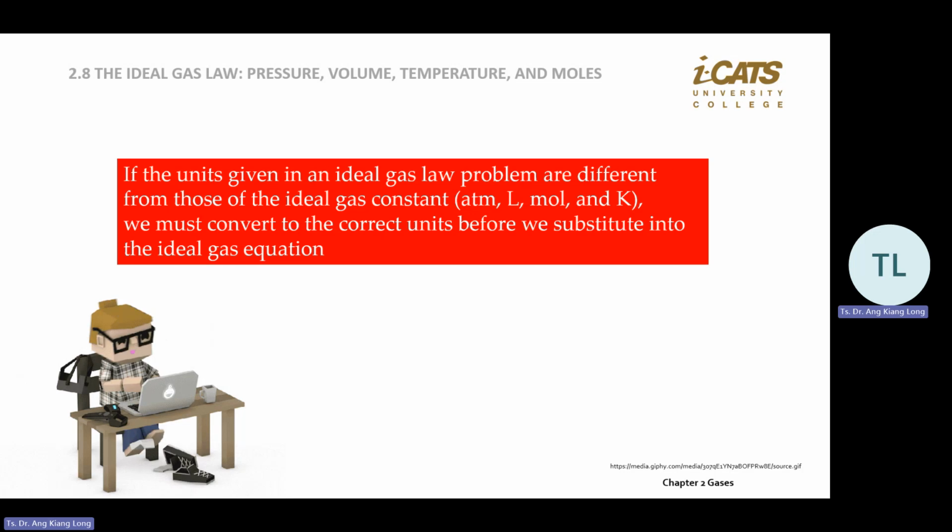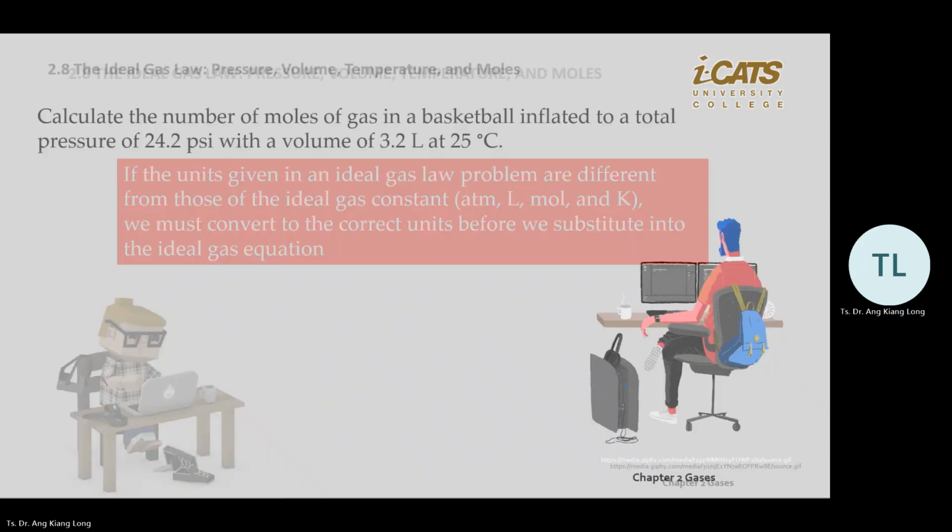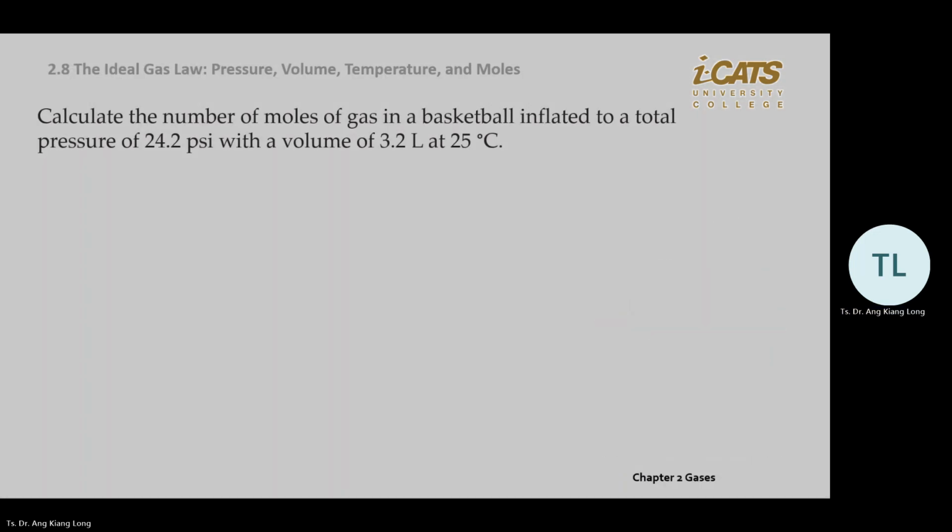So this again is just a reminder on the unit conversion. In the exam, usually we'll give you pressure in atmospheric units. You need to do conversion, then do all the things. This is also another example.